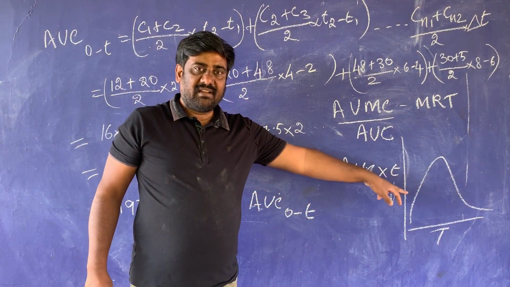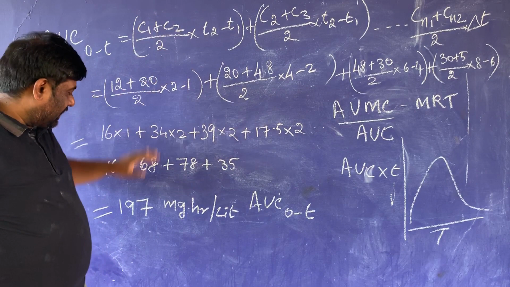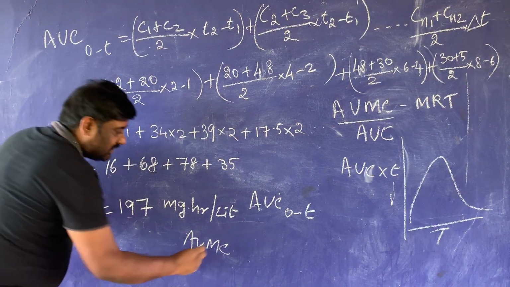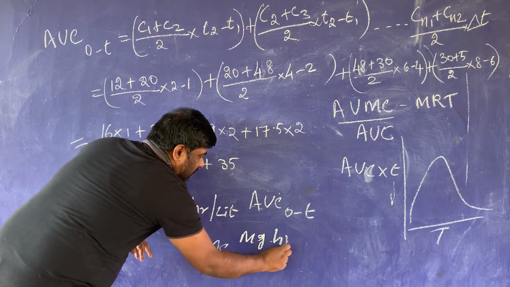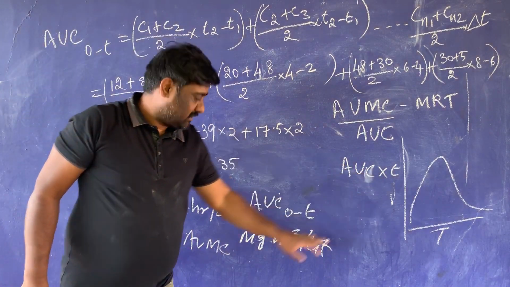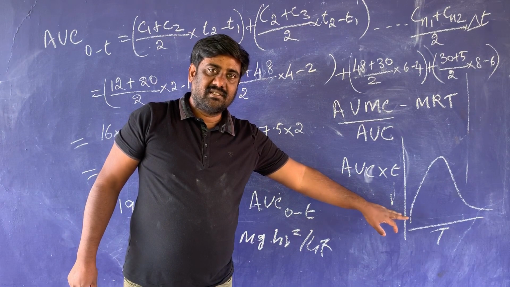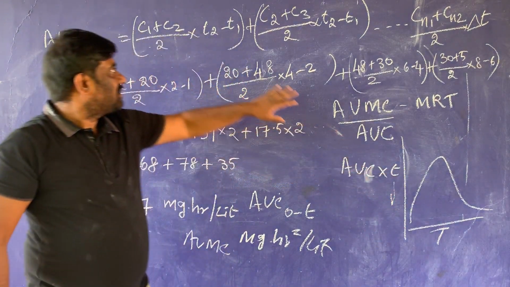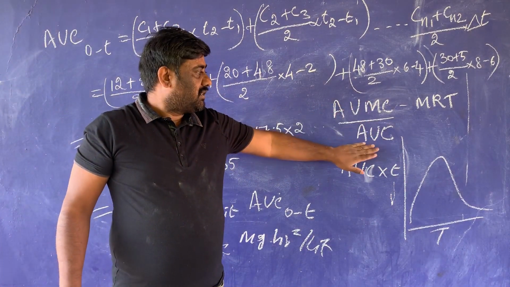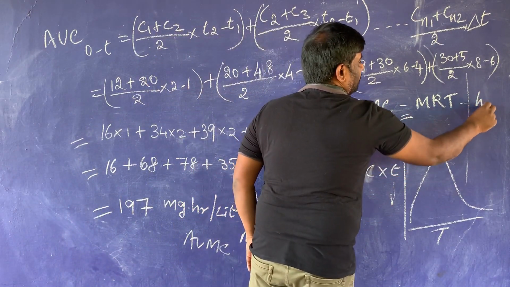So when you plot graph like this, by using same formula, same trapezoidal rule, we will get some value of AUMC. The AUMC unit is microgram hour square per liter. Since one time is added, it becomes hour square. So AUC into T versus time, we will get a graph. The same is added into the trapezoidal rule. We will get AUMC. By dividing AUMC divided by AUC, we will get MRT. The unit of MRT is hour.